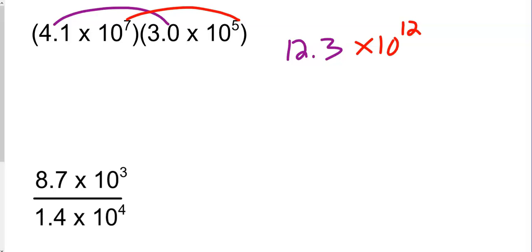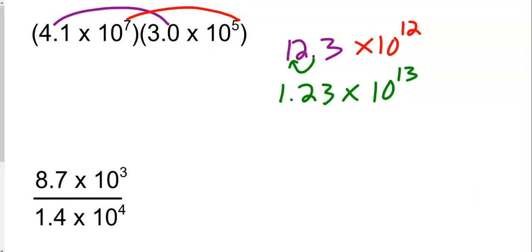So, check your number, 12.3. No, that is not in scientific notation, so we need to fix it. So we move our decimal one place to the right. Sorry, left. I'm never going to live this down. So one place to the left, we get 1.23 times 10 to the 13th because we bumped that number up by moving to the left.